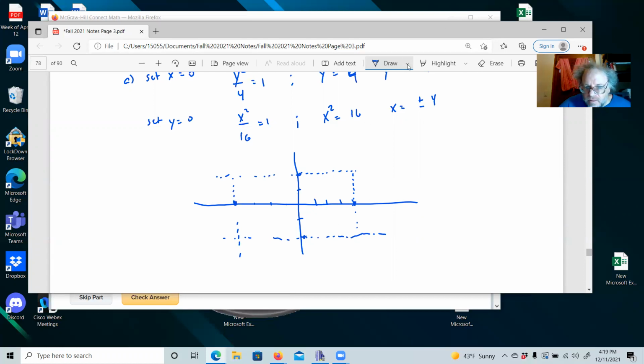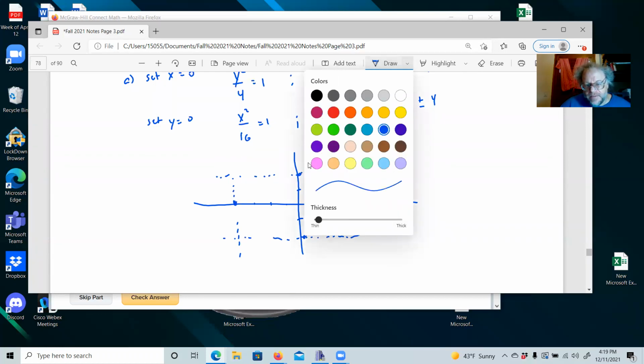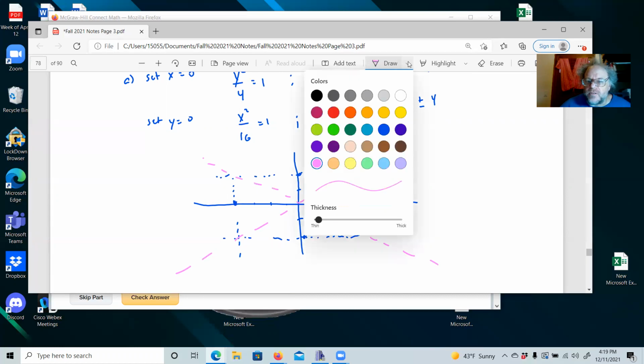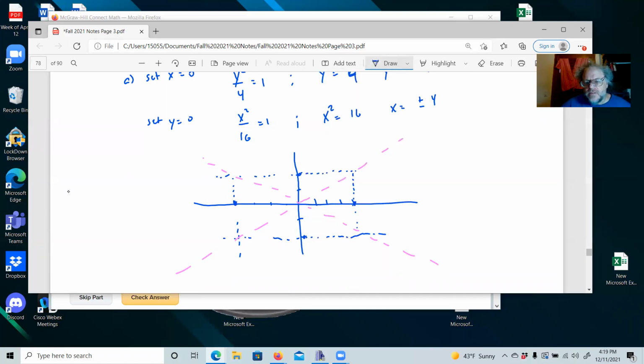Well, the asymptotes are going to be through the corners of this box. So the vertex is going to start at the point, and we're just going to come up here, and we're just going to hug our asymptotes. Come up here, down there, just going to hug the asymptotes.